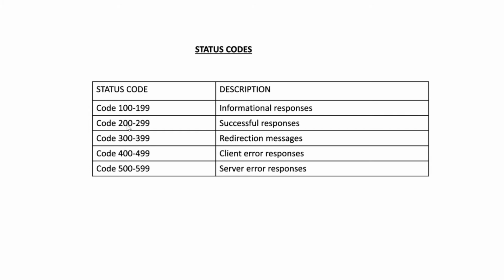Then you have the 200 range, from 200 to 299, and those are the successful responses. In this case, it just means that your request was successfully received by the server and it was accepted.